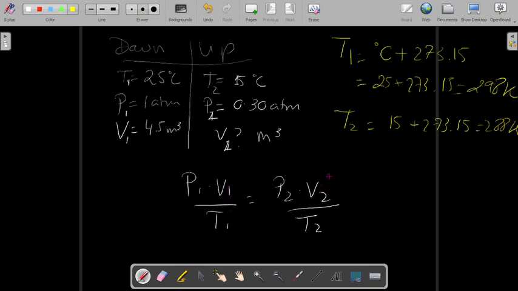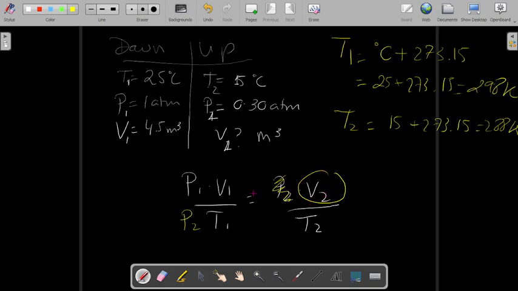They're asking for volume 2, so we're going to have to modify the formula. I like to modify the formula before I put the numbers in. Anything that's multiplying on this side is going to go dividing on the other side. So P2 is gone from here.